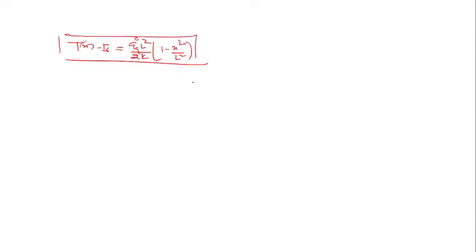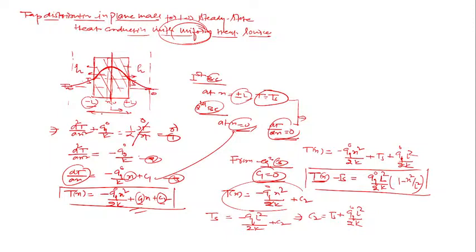So this equation I got: T as a function of x minus Ts is equal to qg dot into L square by 2k into 1 minus x square by L square. In this equation, L is half of the thickness, yes or no? Because 2L is the length, 2L is the thickness. Be careful.